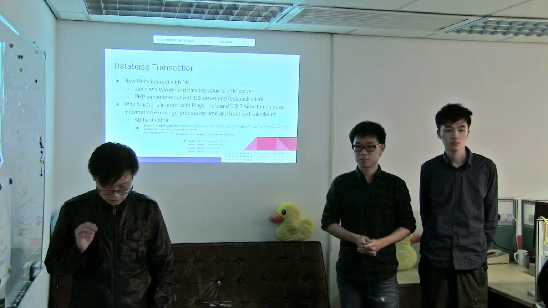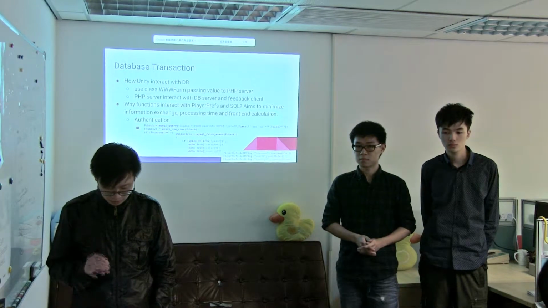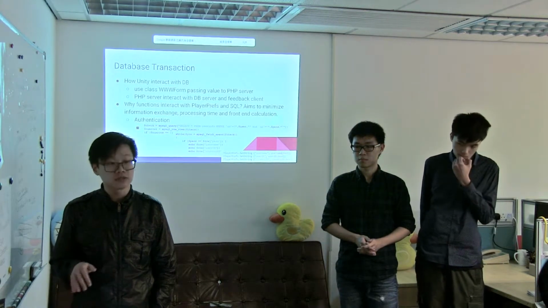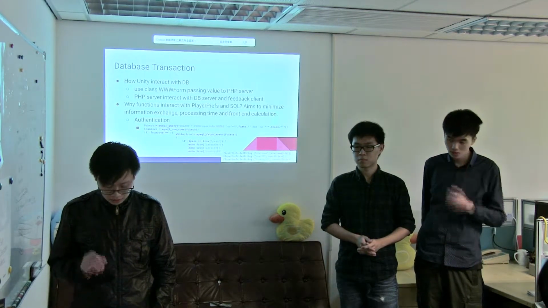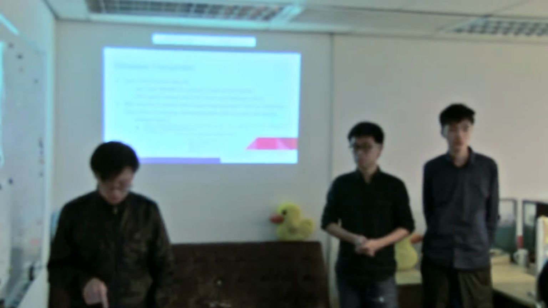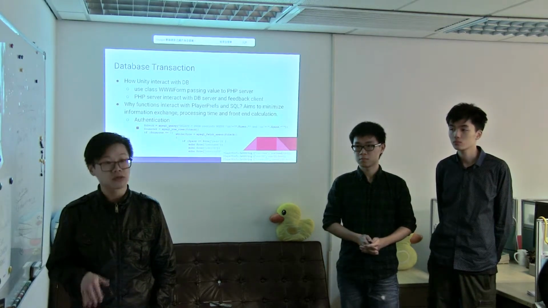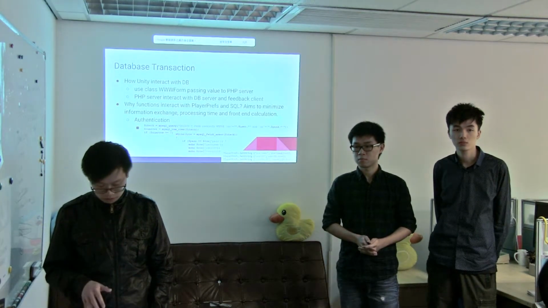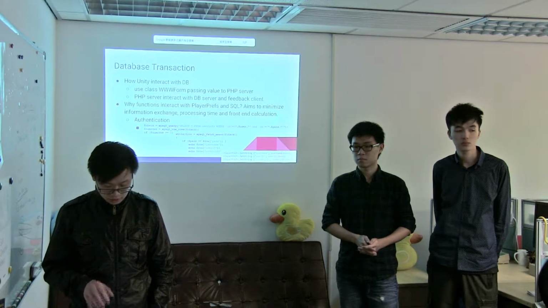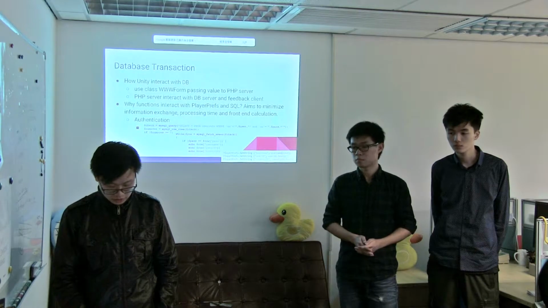You can store the fetched data in PlayerPrefs for future use. If you want this data in the future, you just call your local storage, and then it can minimize the information exchange.